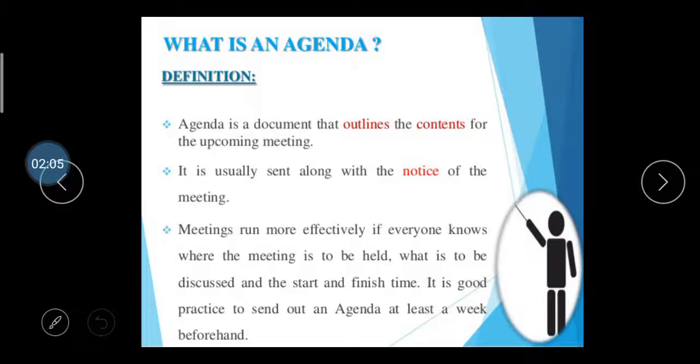Whenever you write the agenda, always send it with the notice. Meetings run more effectively if everyone knows where the meeting is to be held, what is to be discussed, and the start and finish time.